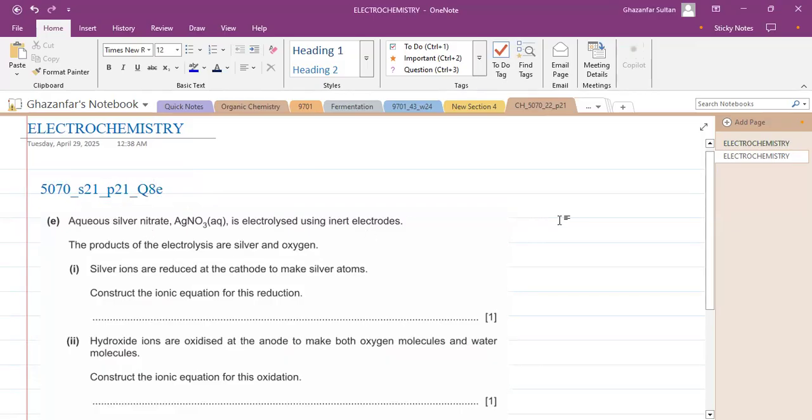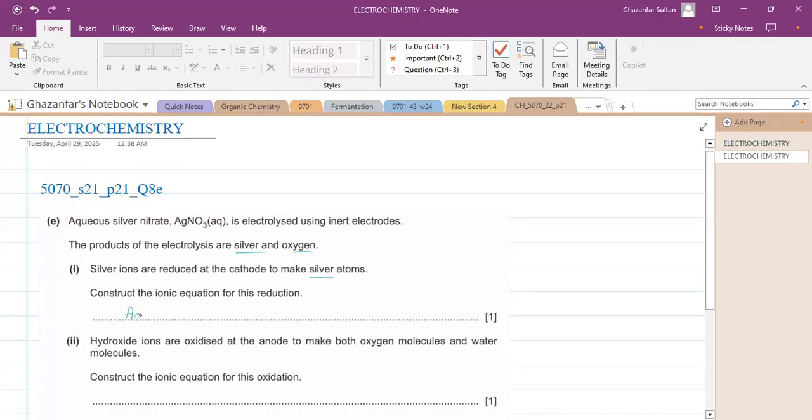In this question, you are asked to answer that aqueous silver nitrate is electrolyzed using inert electrodes. The products of the electrolysis are silver and oxygen. So products are already given. Silver ions are reduced at cathode to make silver. Construct the ionic equation for this reduction reaction.